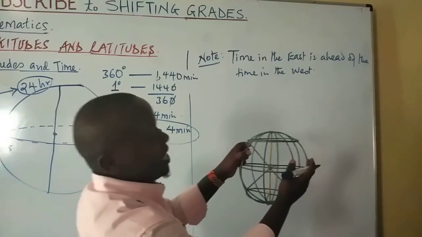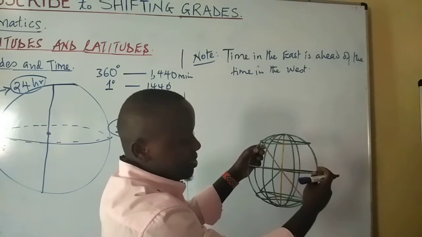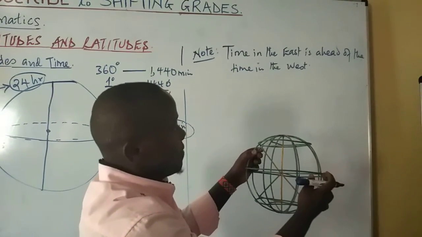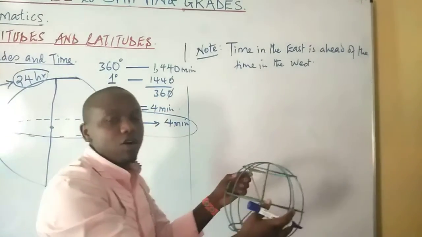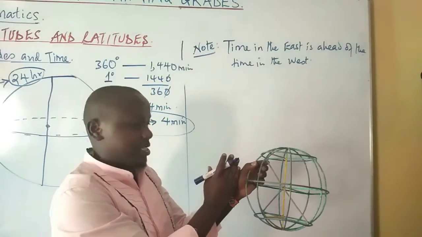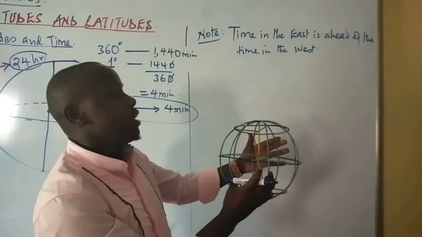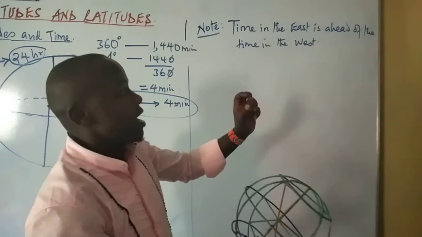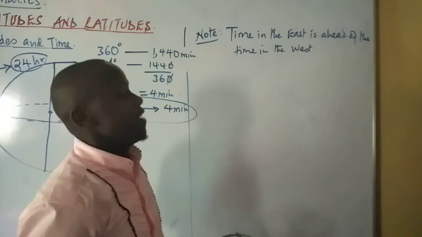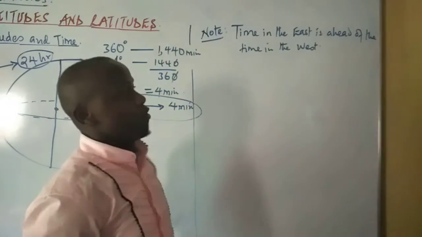Therefore, if a place is on the east, it gets the light of the sun, or this place dawns, before the places on the west. Before the places in the west can receive the light of the sun, the places which are far in the east have already dawned.